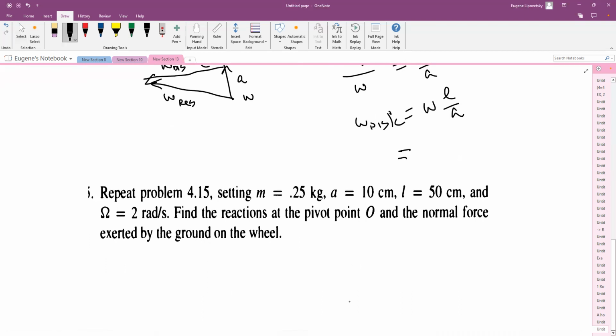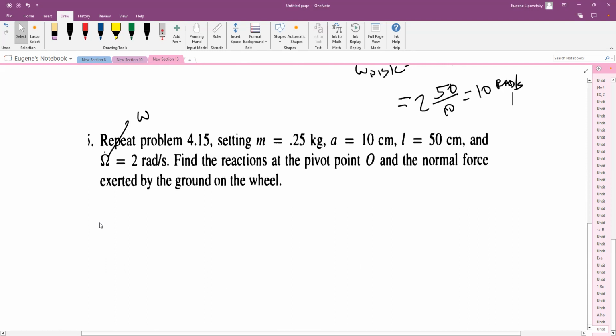The omega is this one, that's the omega. This is going to be 2. L is 50. A is 10. It's going to be 10 radian per second, right? Okay. Find the kinetic energy.